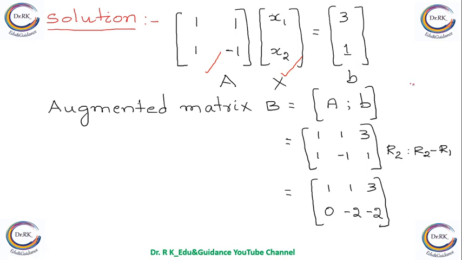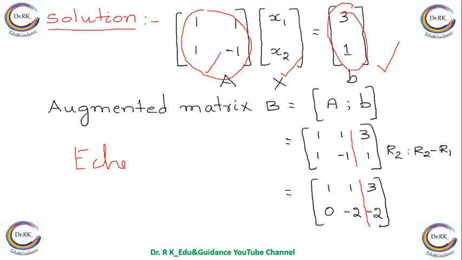Next we need to take the augmented matrix, which is A together with B, an extension kind of thing. So this is A and this is B. Next we need to find the rank of the matrix. How to find the rank? We will find it with the help of the echelon form which we discussed earlier, as in the earlier session when we tried the Hermite form.